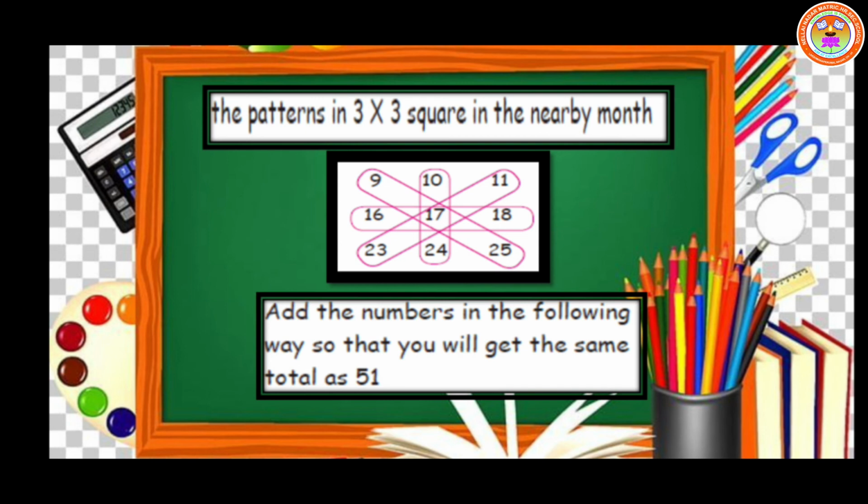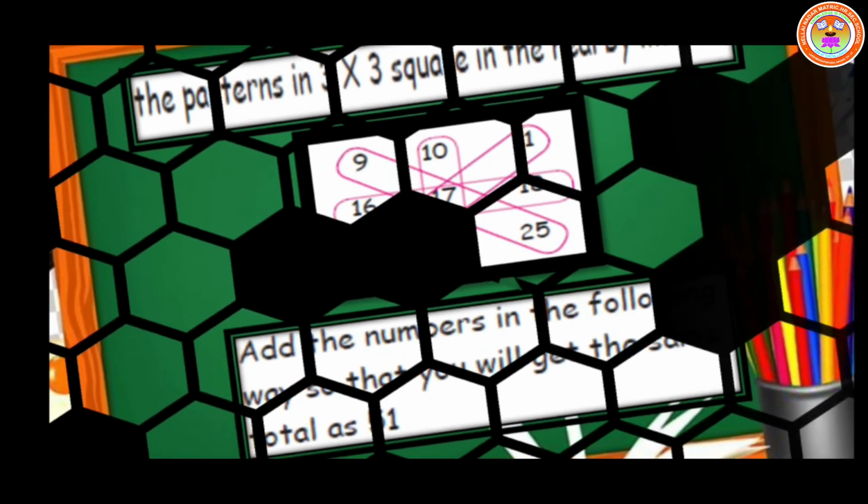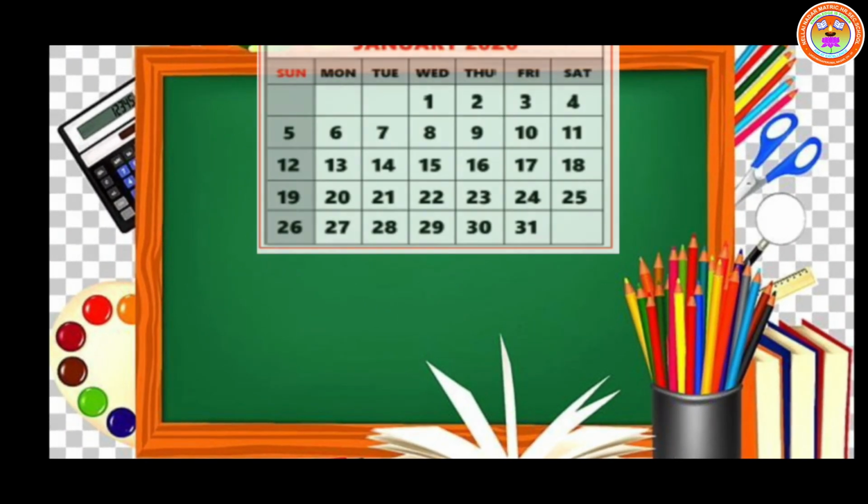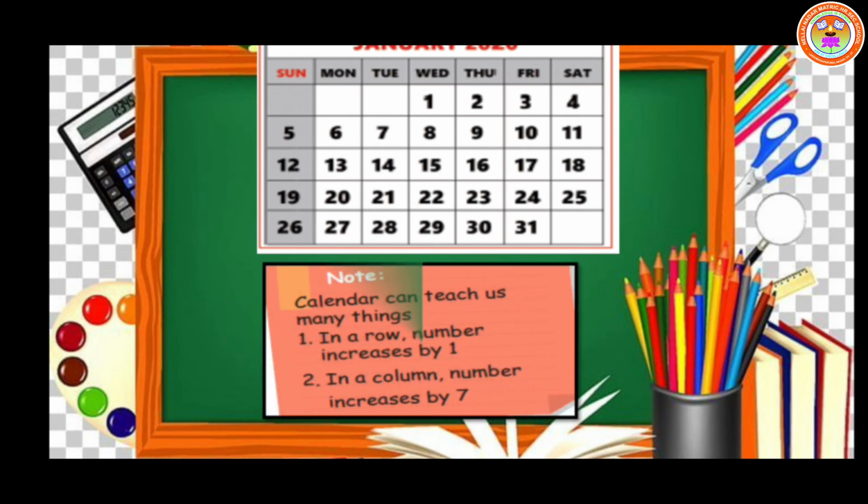Next thing is, with the January month 2020, I found two patterns: with 2 into 2, that is 2 rows and 2 columns, then 3 rows and 3 columns. Students, the calendar can teach us many things.